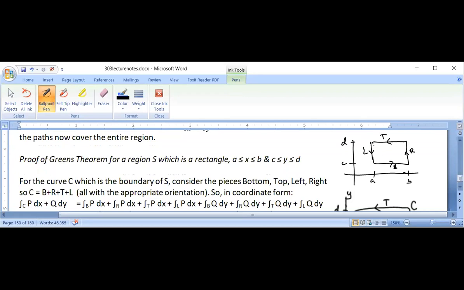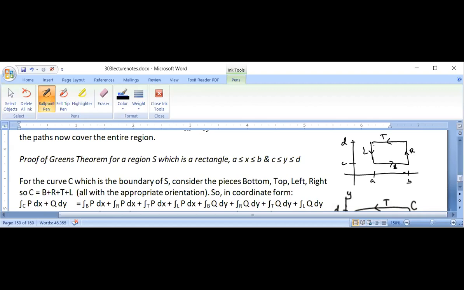So now let's break the curve up into the four pieces, B plus R plus T plus L. Because there's four pieces, and the integral itself has a dx part and a dy part, that's going to break the integral up into 8 pieces. So I'm going to write all the P dx parts first, and then all the Q dy parts at the back end.